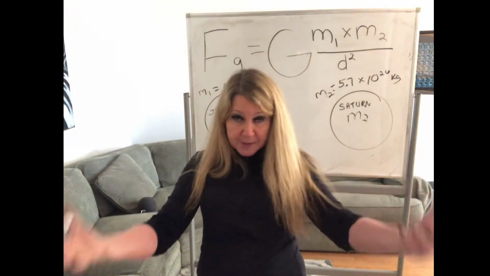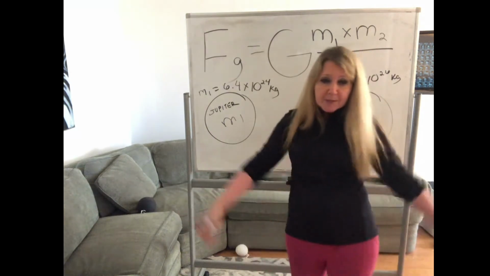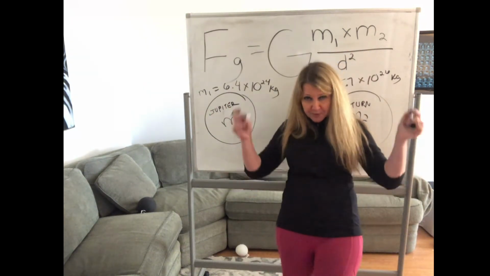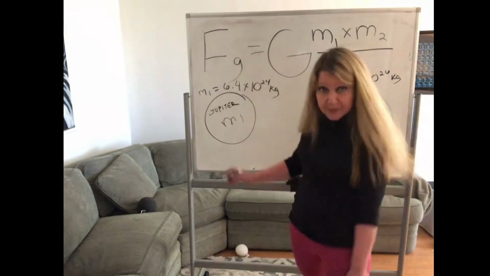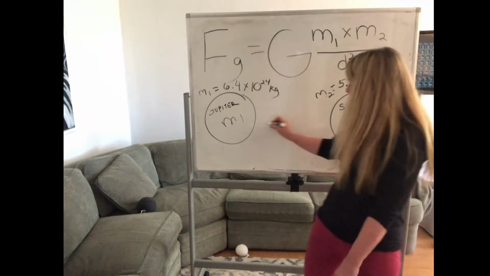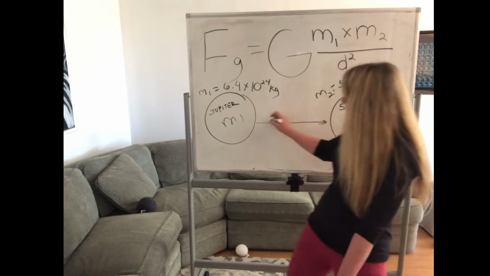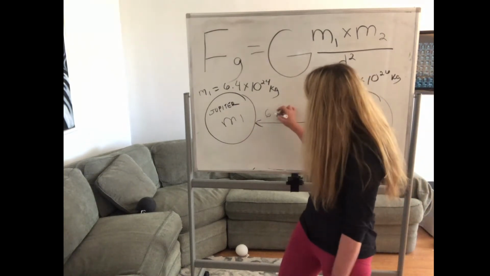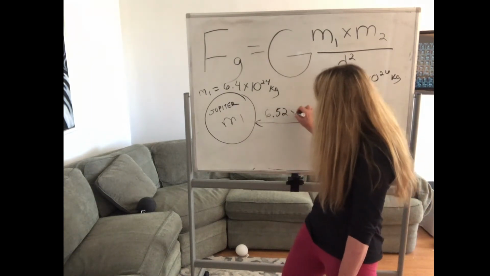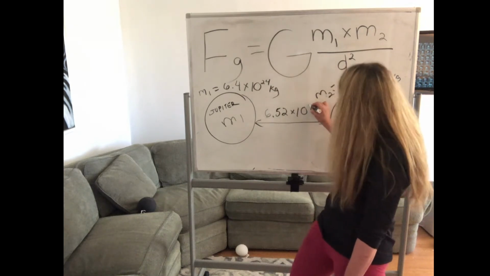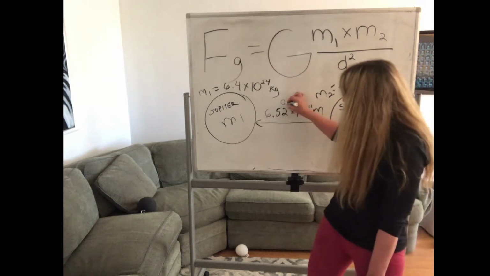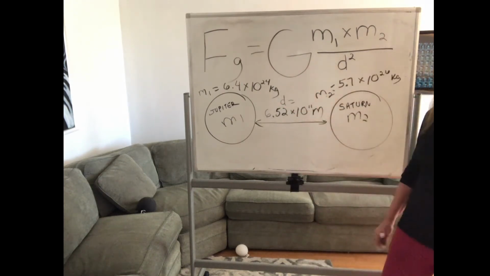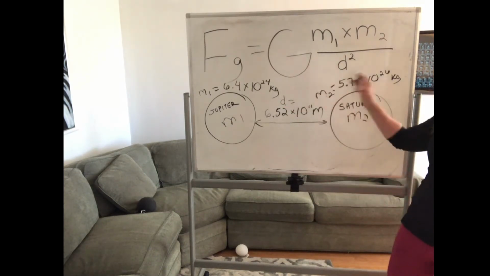Now, what's the distance between them? Remember, because to determine the force of gravity, we need to know the masses and the distance. Distance between them is 6.52 times 10 to the 11 meters. We now know this is distance, that's d. So we know all of these numbers now.